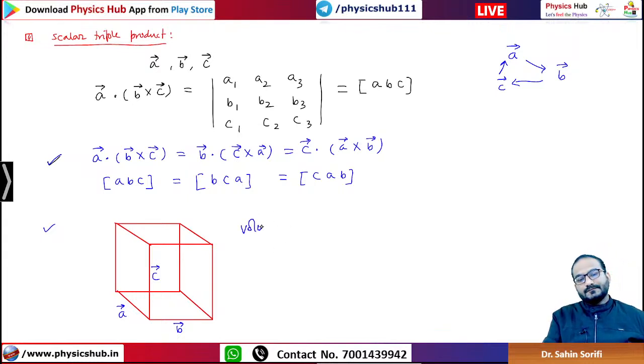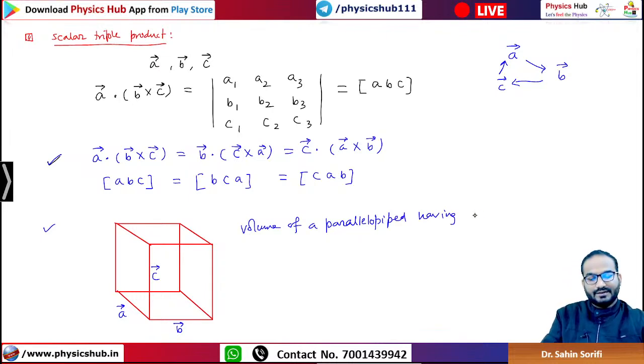So the volume of a parallelepiped having A, B, C as coterminous edges.